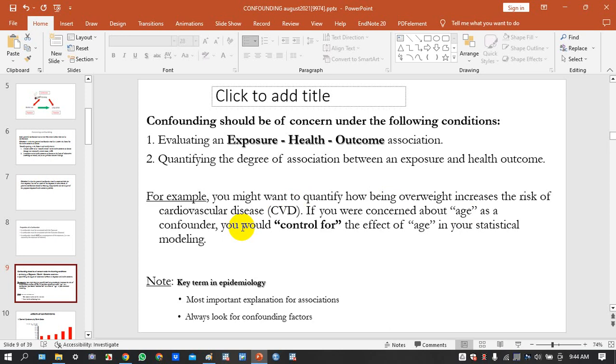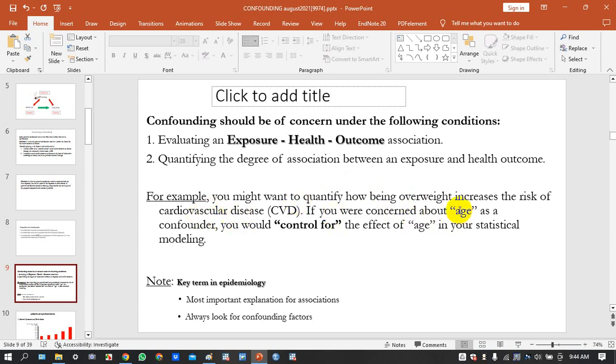But if you are growing up, 30 years, 35 years, 40 years, and you are fat, they say control your weight. Because if you don't control your weight, the more you age, the more you get cardiovascular disease. So aging is the confounding variable that will predispose an overweight person to cardiovascular disease.